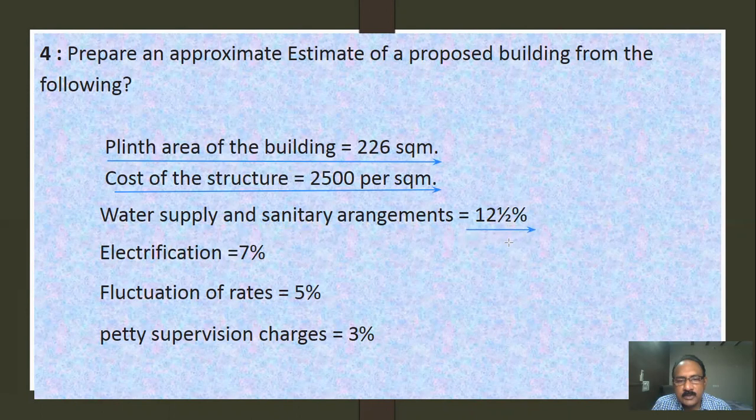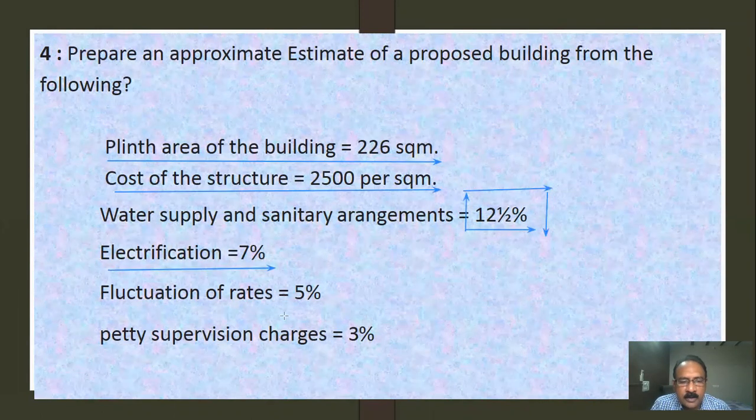As I told you, there are no hard and fast rules here, it is 6 to 8%. So for both, we have taken 12.5% for water and sanitary, and for electrification 7%. In previous classes, we have taken 7.5%. And fluctuation rates, this is also new.